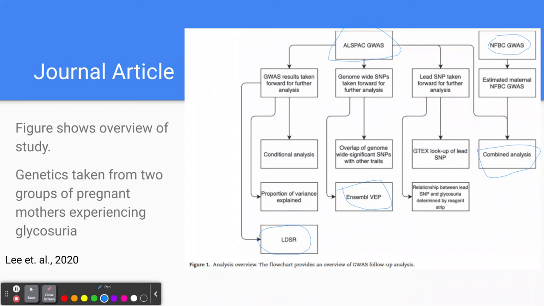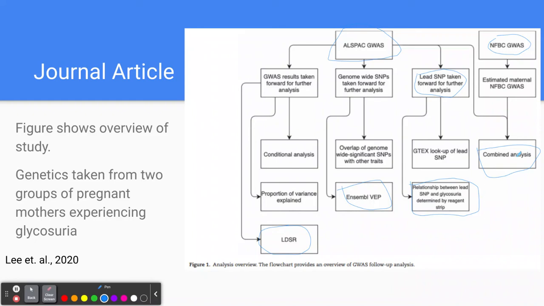We actually found that there were mostly non-coding variants outside of that lead SNP. Now, this column looks at the lead SNP, the one we're really focusing in on, and here's the key result. They found a relationship between the lead SNP and glycosuria determined by the reagent strip that they used.